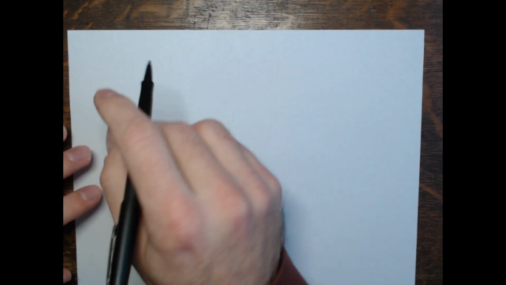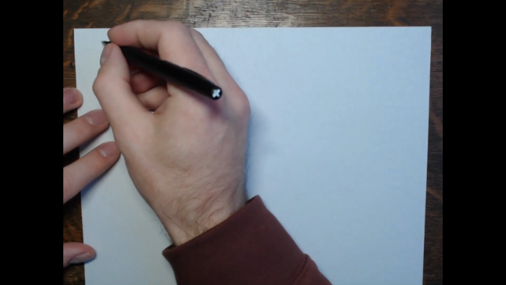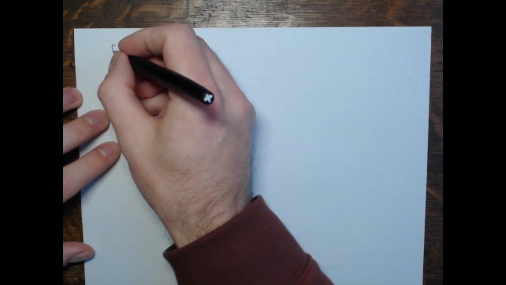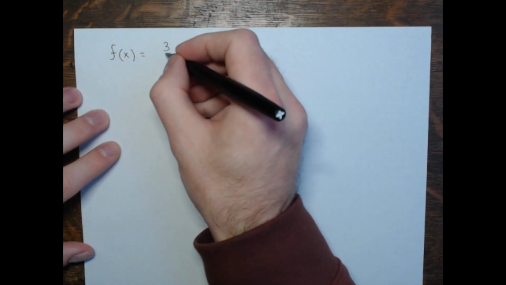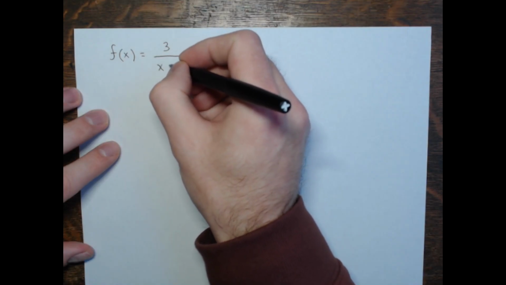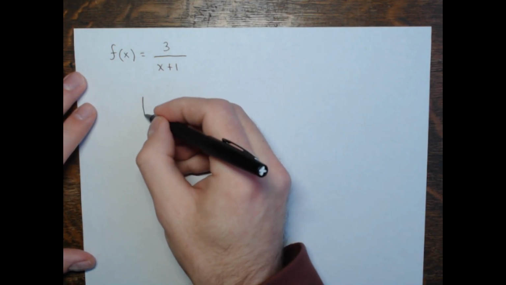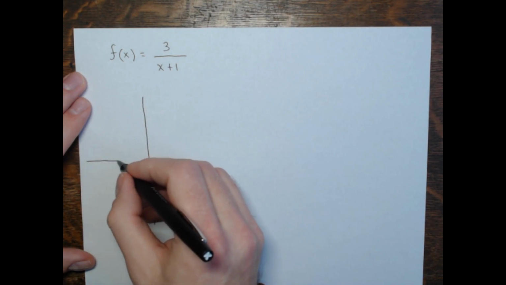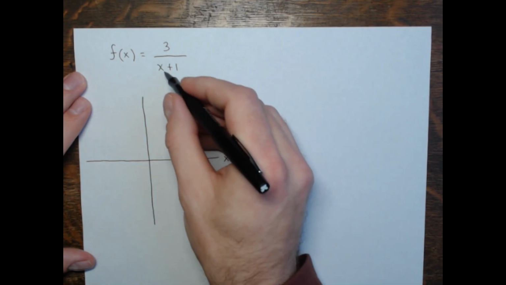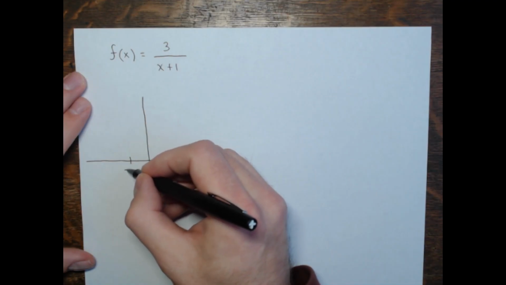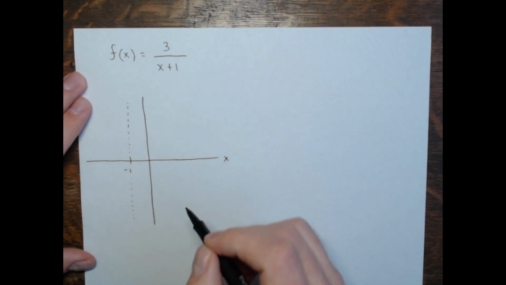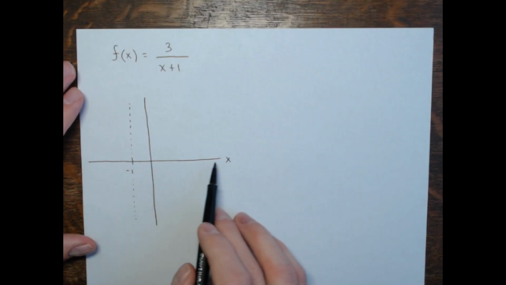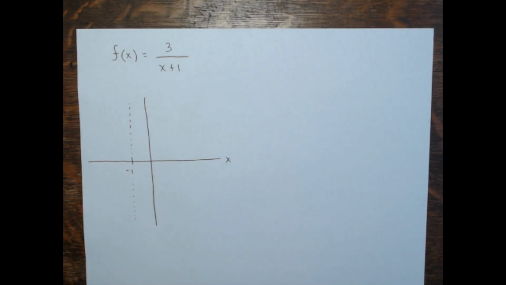So here we are, and I'll draw a sketch. This is another one where, based on algebra and pre-calculus experience, this is a relatively basic rational function I should know the graph of. So I have f of x equals 3 over x plus 1. Quick sketch here. This would have a vertical asymptote at -1, I'll do a little dotted line here, and also a horizontal asymptote of y equals 0.